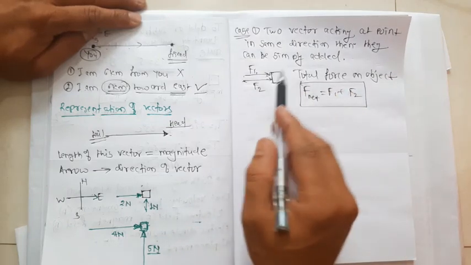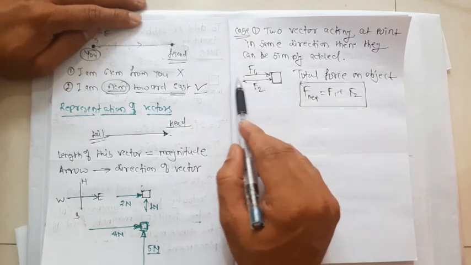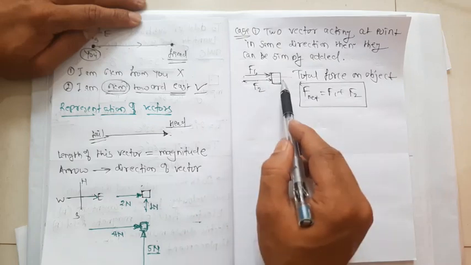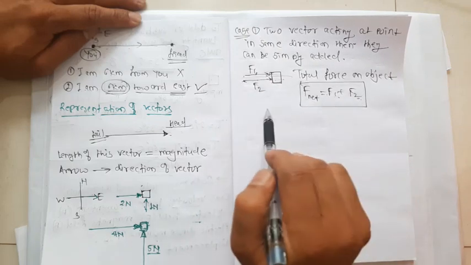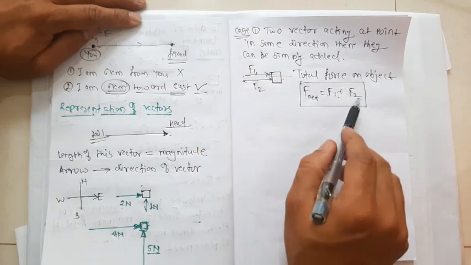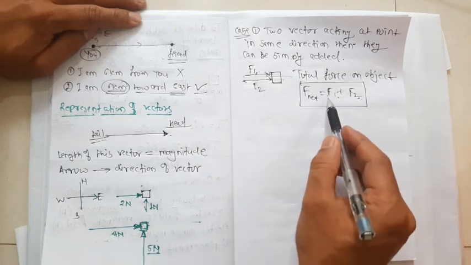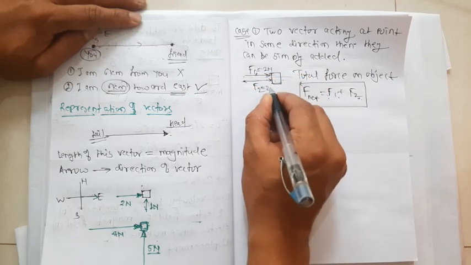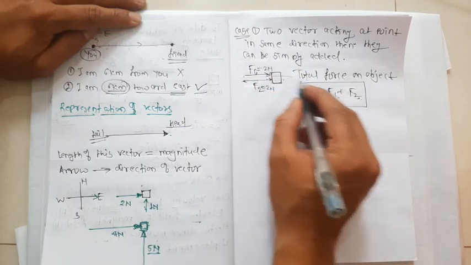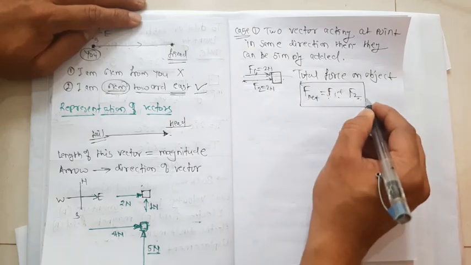That means if the two vectors are acting along the same line or same direction on any object, then you can simply add like simple algebraic rules, unlike the scalar quantity 2 kg, 2 kg, 4 kg. So if F1 is 2 Newton and F2 is also 2 Newton, the total force on this object is 2 plus 2, you will get 4 Newton definitely.